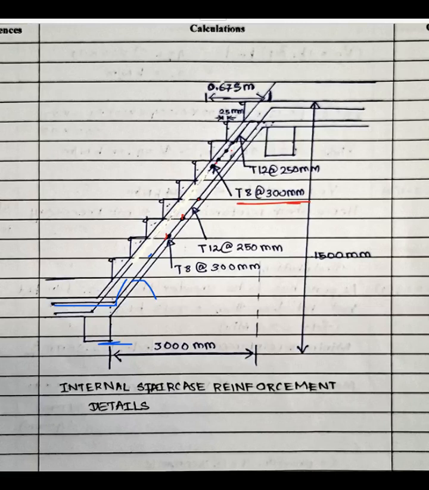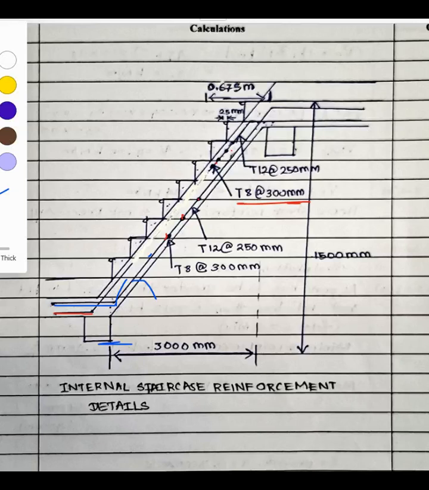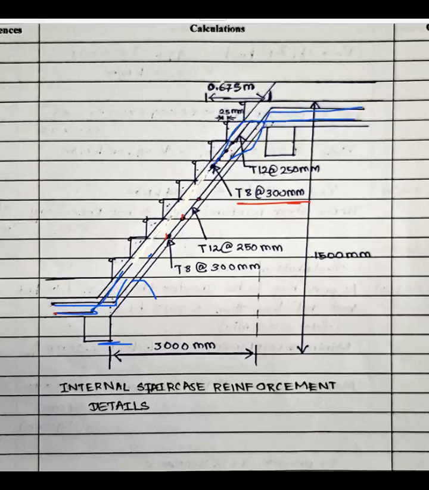And also in this distribution bar, these are the main bars. This blue color part of all are main bars, and these are the distribution bars.